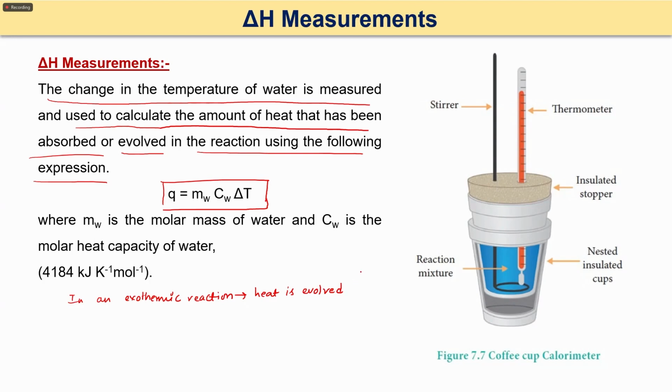If heat is evolved, that means your system will lose heat to the surrounding. If that is the case, your QP will be negative. And if your QP is negative, that is heat evolved at constant pressure, then your delta H, that is enthalpy of the reaction, will also be negative. So delta H R will also be negative.